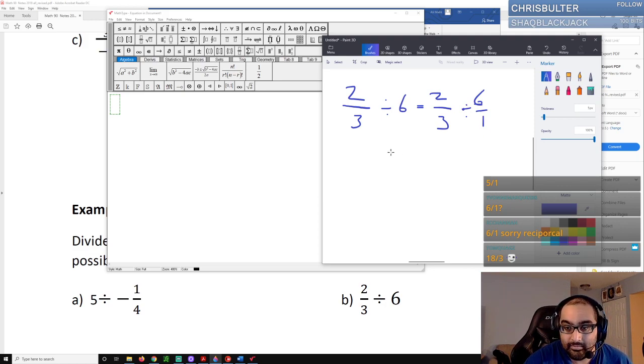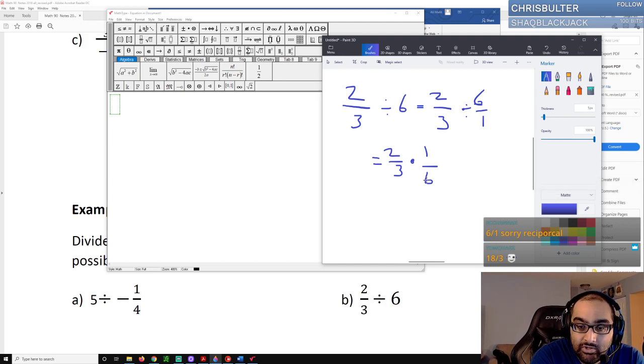The reciprocal is 1 over 6. That is correct. So we're going to change this to 2/3 times 1 over 6. And we're just going to see if we can reduce it down and then multiply. So do we have anything in common between the numerator and denominator that we can reduce down? 18 over 3? No, that's for adding and subtracting.